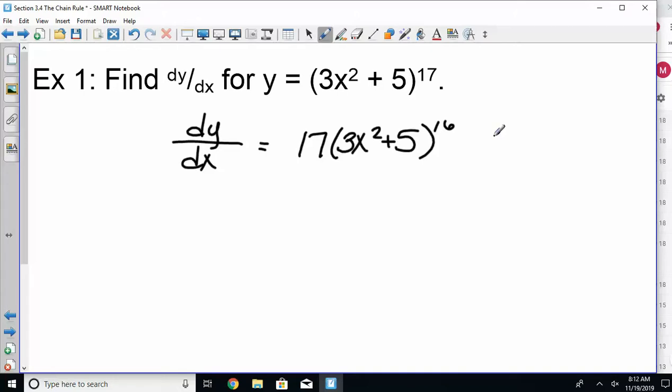So my inside is the 3x squared plus 5. What's the derivative of that? And then I would like for you just to do the basic multiplication to clean it up at the end.